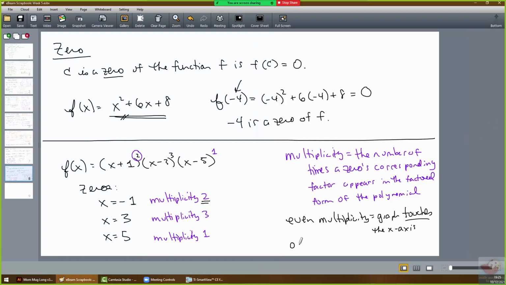However, when you have odd multiplicity, the graph crosses the x-axis. So at -1 we had a touch, and at 3 and 5 we had a cross.